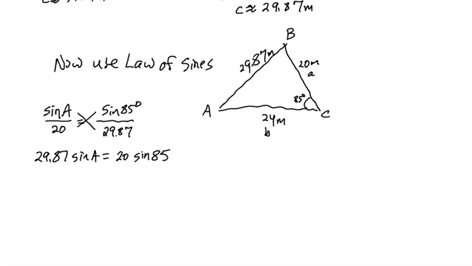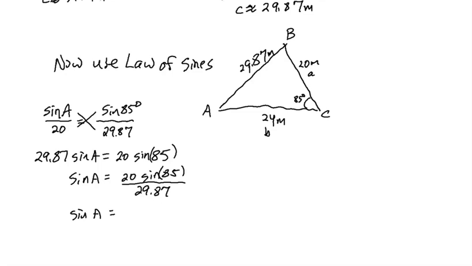And before you do any calculations, let's isolate the A completely. So first I'm going to get the sine A by itself, which means I'm going to divide by 29.87. And you're supposed to put that 85 in brackets, by the way, underneath. And then we just do the calculation of the whole thing. I'm going to leave sine A for now, and then we're going to use the inverse sine later.